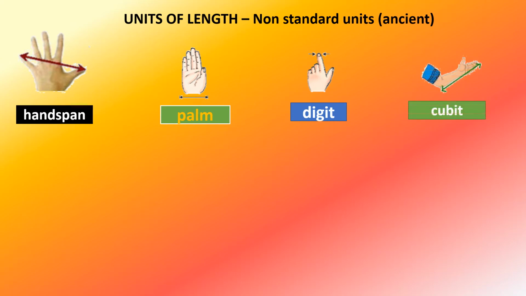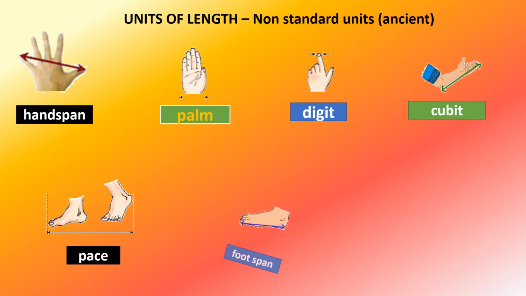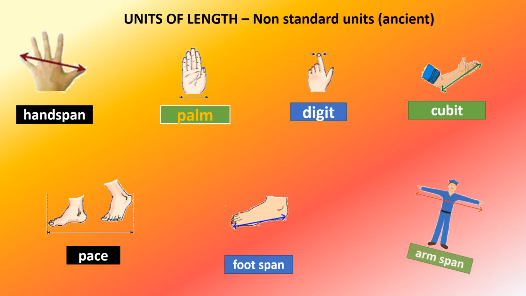Cubit. Cubit was approximately equal to the length of a forearm. Pace. Pace was when one normal or a double step was taken while returning to the same foot. We then had the foot span. Foot span was used for measuring an object using your foot, that is from the tip of the toe to the heel.